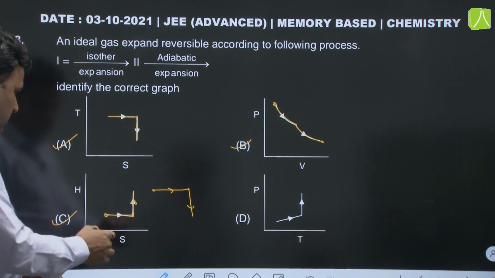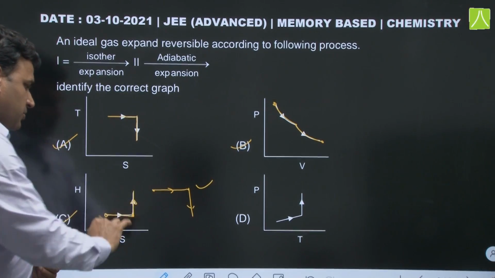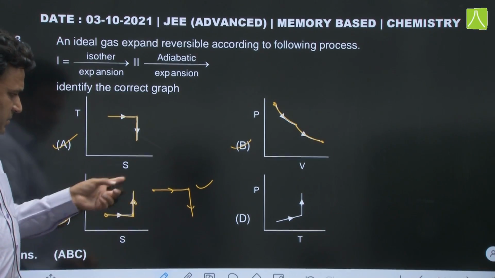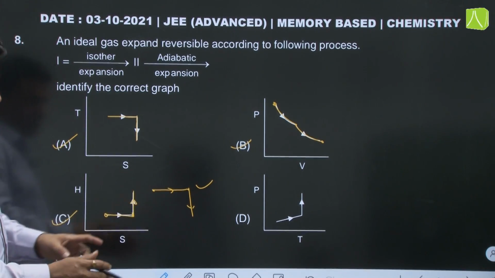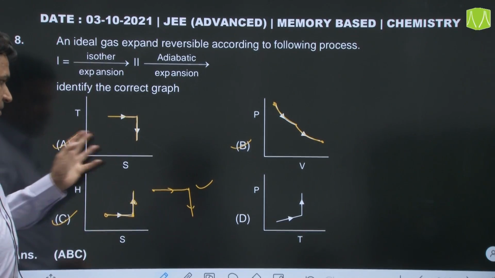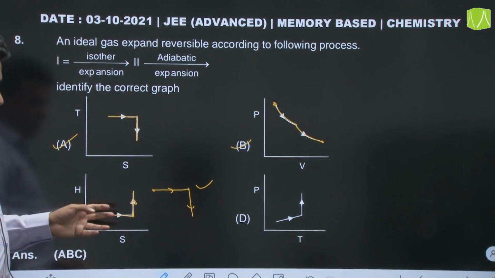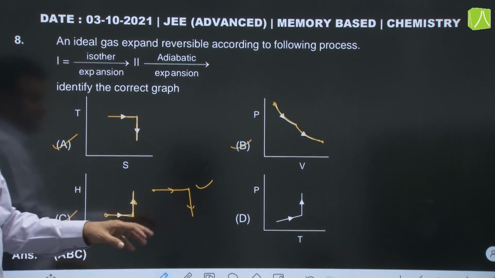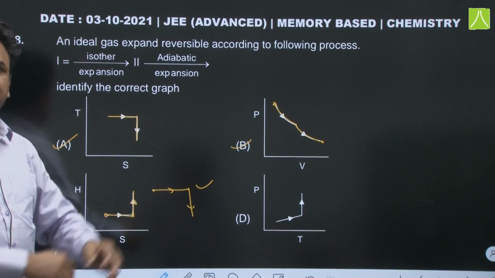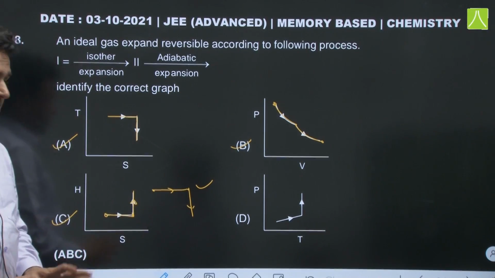So if this is the graph given, then option C is also correct. If this is the graph given, then I think this part is incorrect. So depending on which is actually the correct graph, the answer can be A, B, C, or it can be A, B.